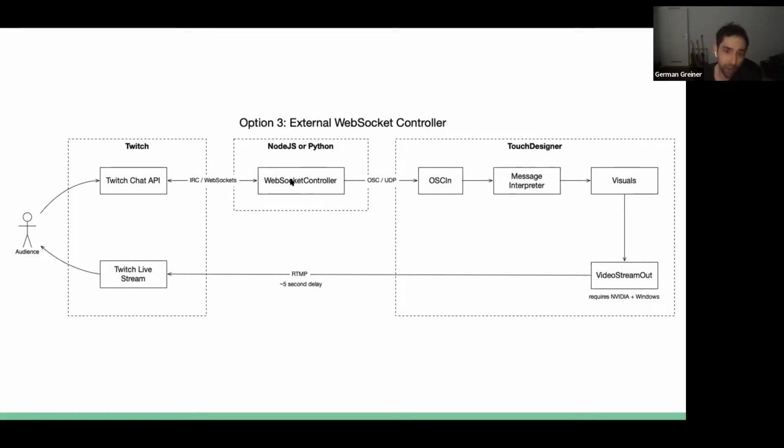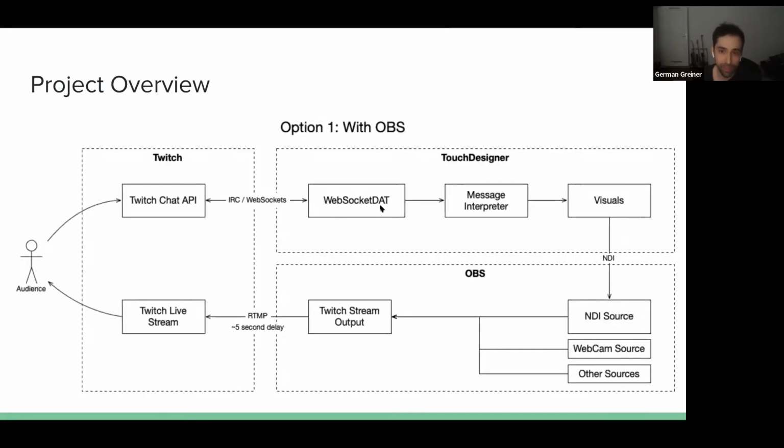In that case, you could run that program on either Node.js or Python runtime, and then send messages to TouchDesigner via OSC over UDP. And so this is sort of an alternative architecture for this type of setup. But for what I'm going to show you today, I used option 1, which was using the WebSocket DAT and using OBS.